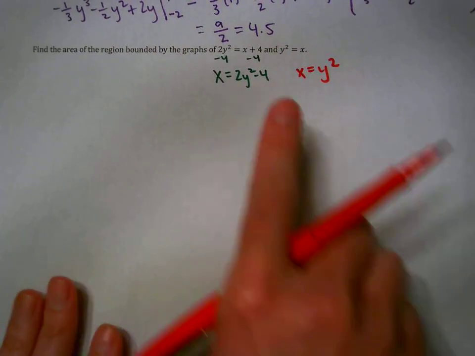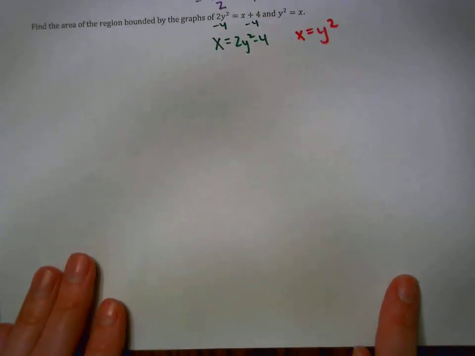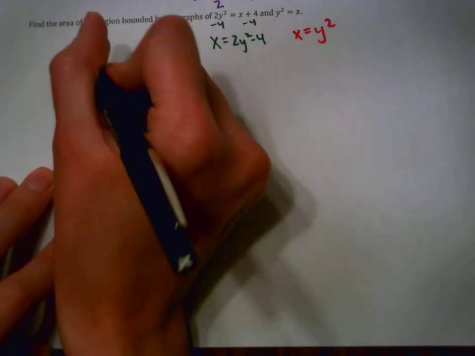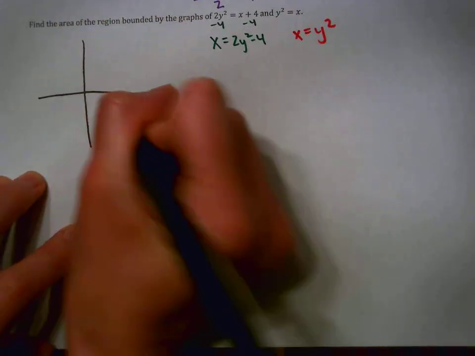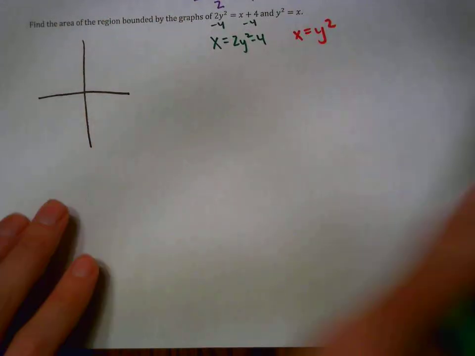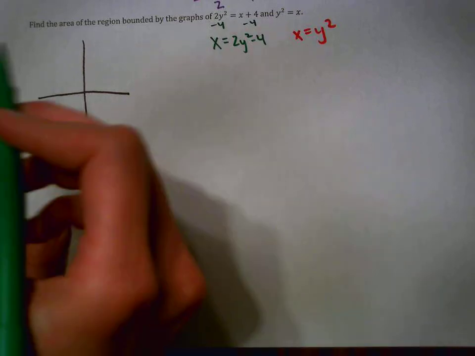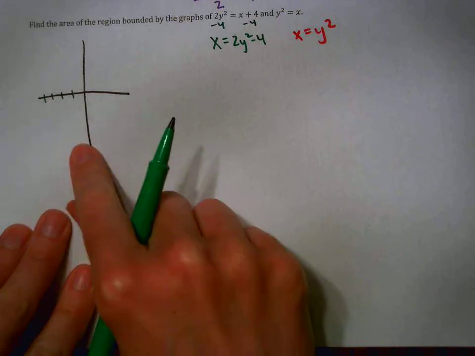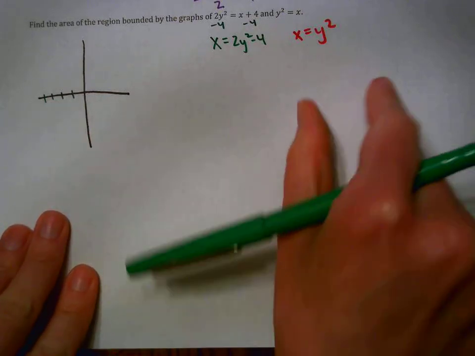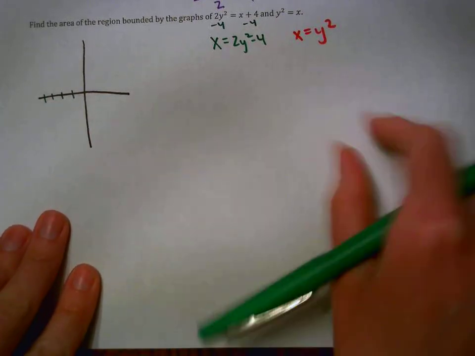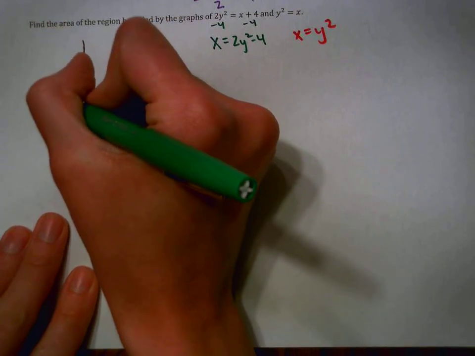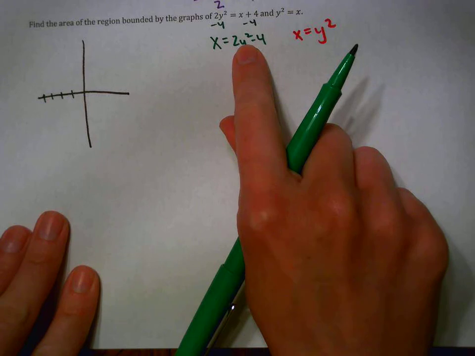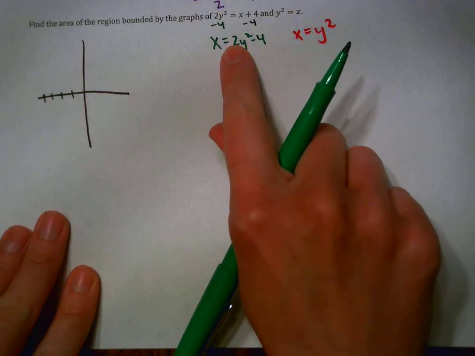So let's go ahead and see if we can get a sketch of these on a graph. I'm going to draw the green one first. So I'm going to go to the left 4. And again, sometimes before you sketch, if you don't know where to start, it's easier to get the intersections first. I go back and forth. Then I'm going to just draw a horizontal quadratic opening up to the right because it's positive in front of the y squared.